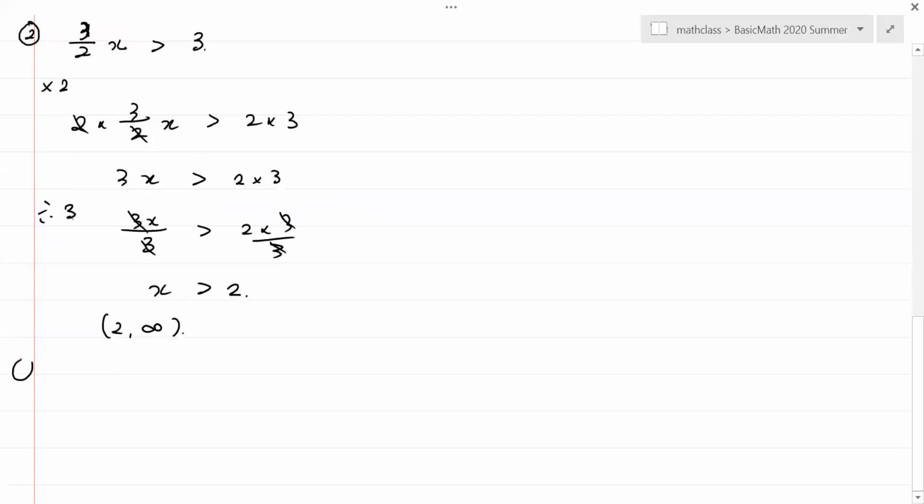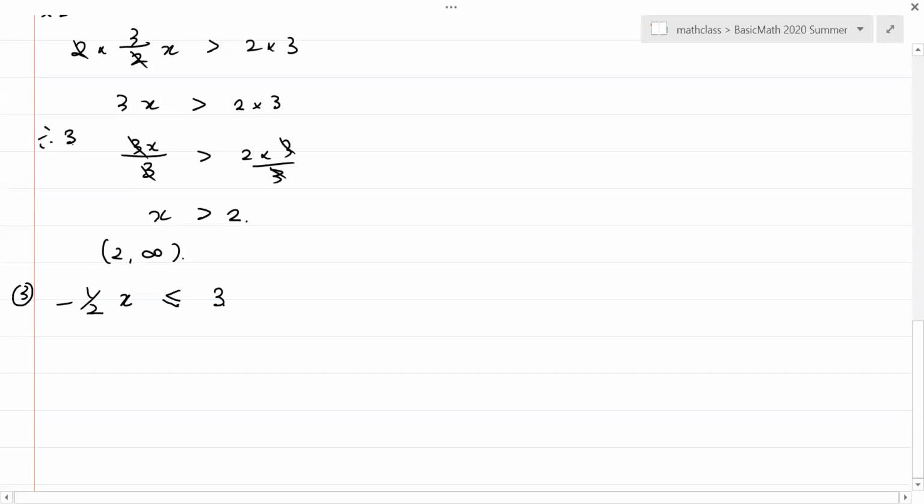So let's take a look at the next problem: -1/2 x less than or equal to 3. This symbol says less than or equal, so it could be equal. If it's just less than 3, that's called a strict inequality. Now it could be equal.